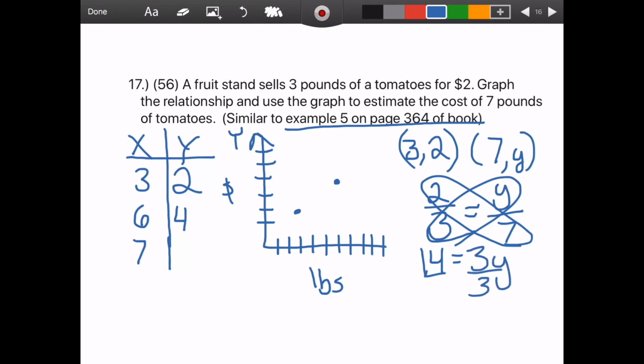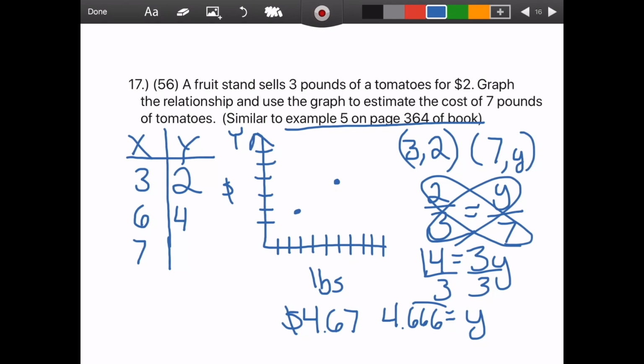If we divide both sides by 3, we get y equals roughly 4.666 continuing. So it just depends on where you want to round this to. If we rounded it to the nearest cent, it would be about $4.67.